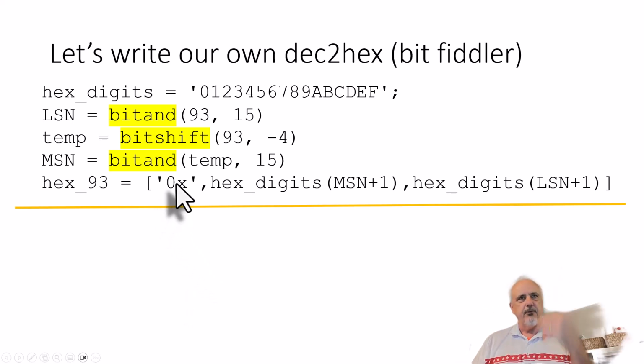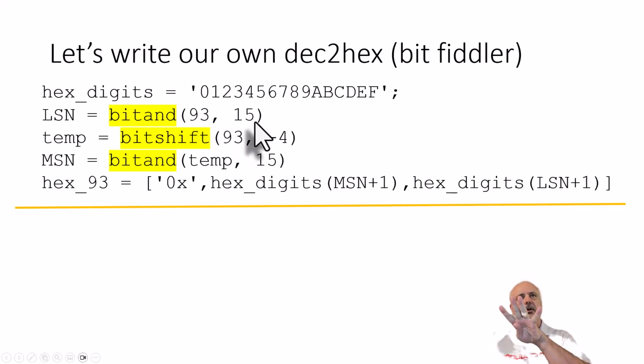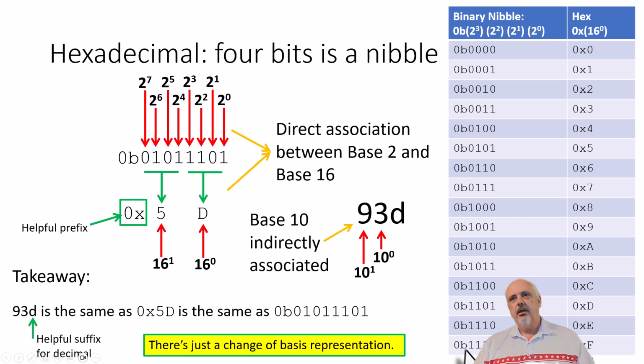It's very straightforward. For our least significant nibble, we will take 93 and mask it with 15. That means we're going to mask it with all 4 bits active. If you go back and think about this table here, all bits are on for that F, that 15.